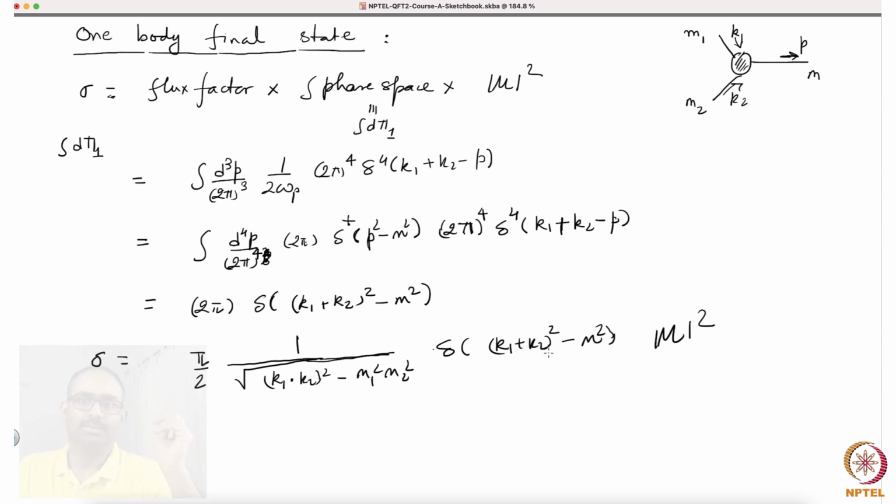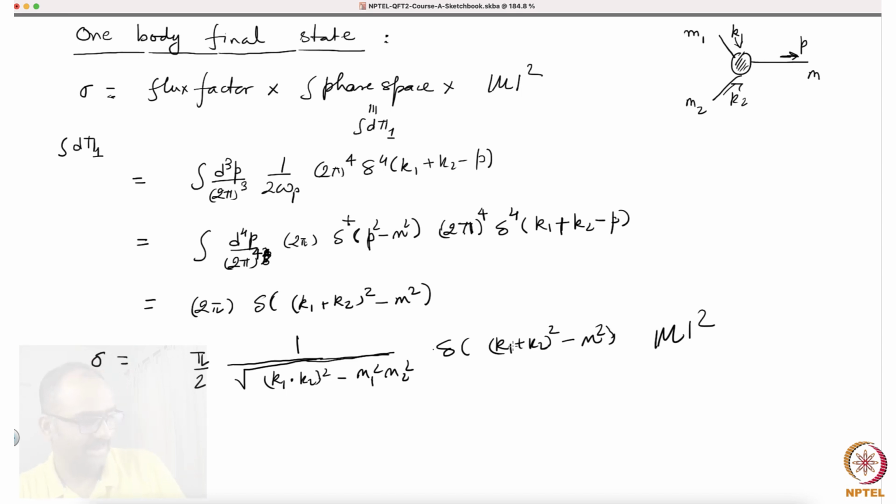Okay, so this will be the expression, and for whatever process you want, you can supply the mod M square for that process, and this line will provide you the result for that.